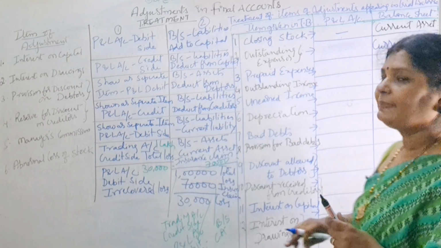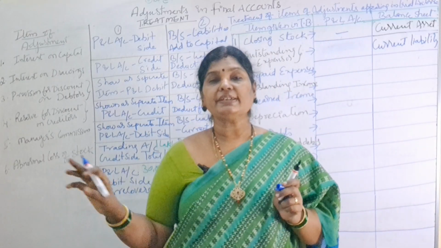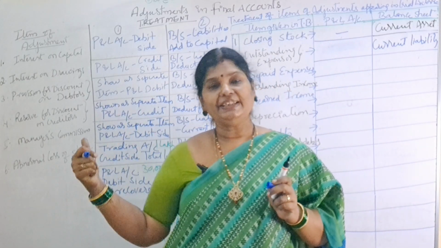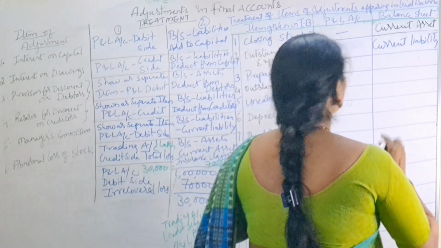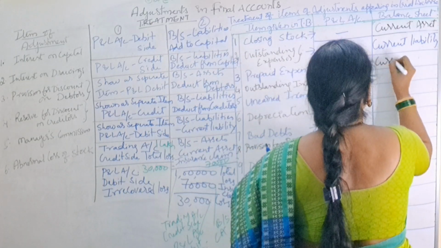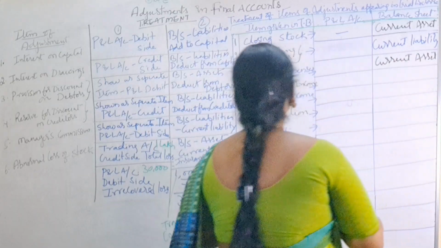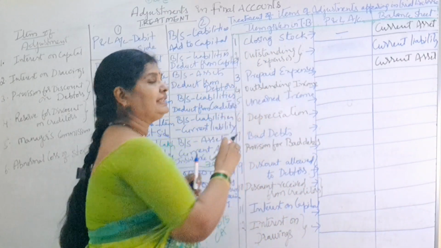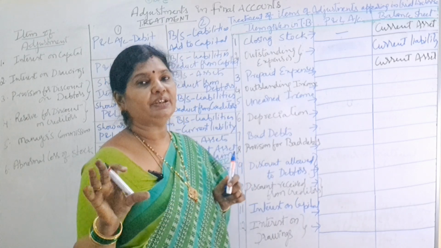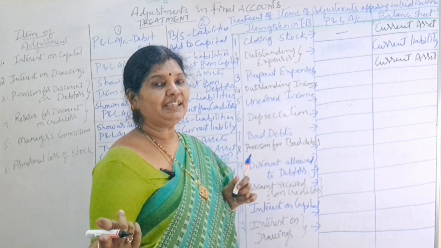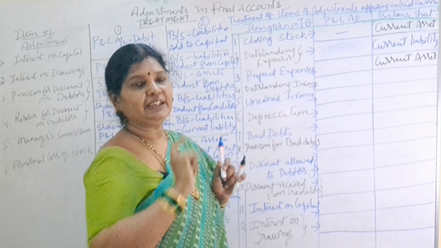Next, prepaid expenses. Again, prepaid expenses also don't take in profit and loss account debit side, but go to balance sheet and show it as current asset. Next, outstanding income means income which is to be received by us, which we have not received. So again, go to balance sheet asset side. See, outstanding expenses will show as current liability.